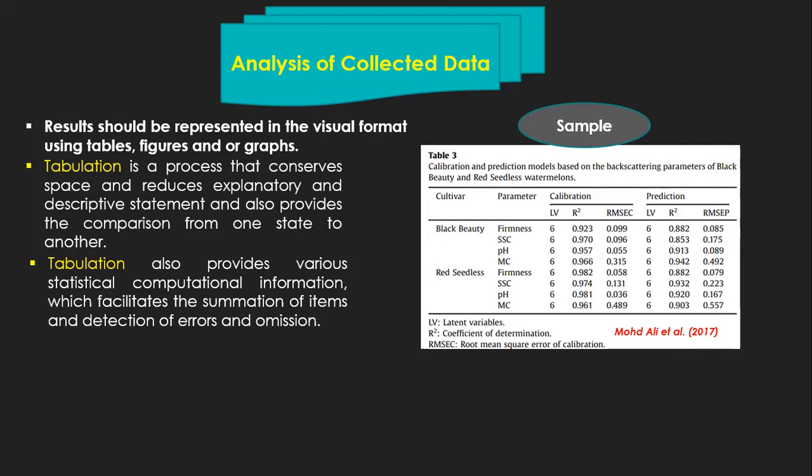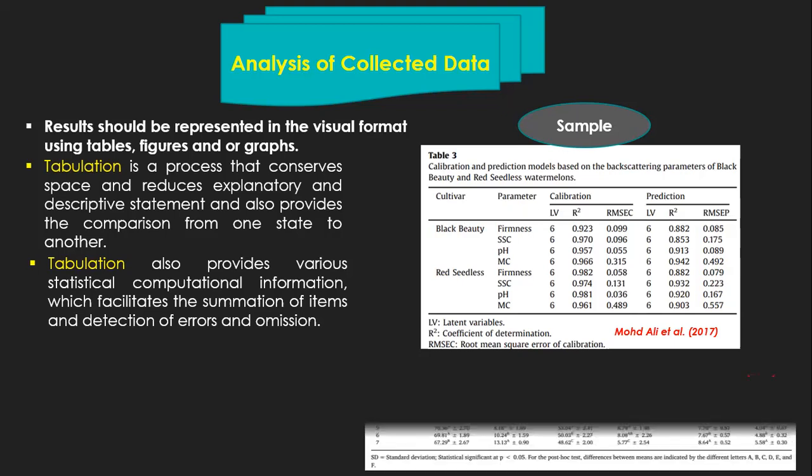Without even reading the results and discussion, then you can say that, okay, the calibration and prediction values in terms of R-square, the highest prediction and calibration in terms of R-square can be found in the firmness and pH of red seedless watermelon. So, ingana lang siya. Dali na mo siya masabtan. Nga na siya ka-importante ang tabulation.